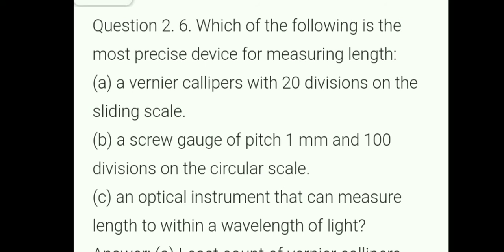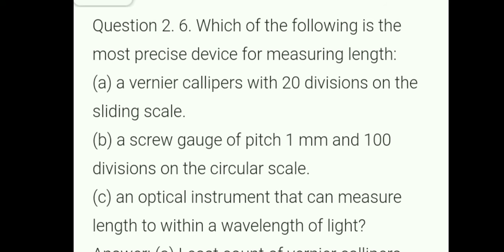Question number 6. Which of the following is the most precise device for measuring length? Actually, for measuring any length or any quantity, we use such a device which gives the most precise result. Now we have three options. First is a vernier caliper with 20 divisions on the sliding scale.